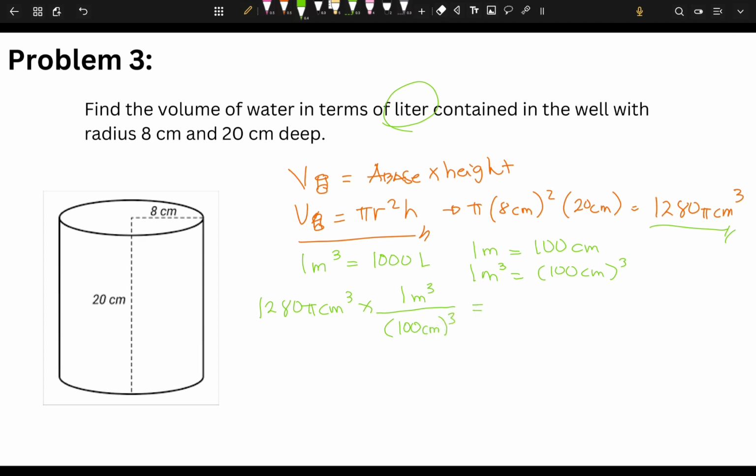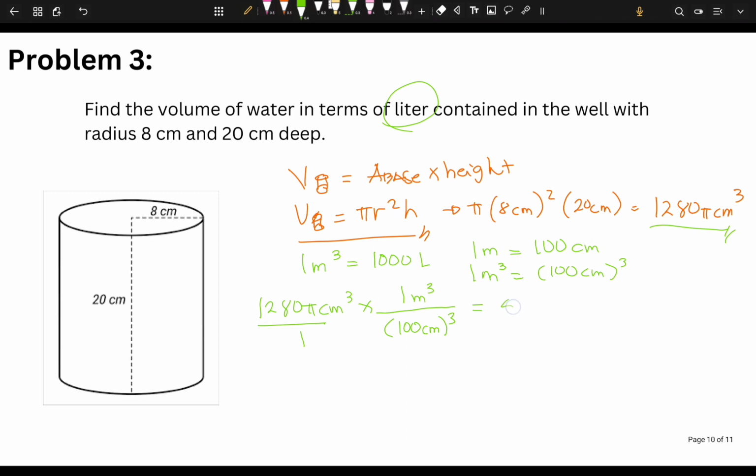So, let's get our calculator. Let's try that first. So, that is 1,280 pi times 1 all over 100 raised to 3. So, what value did we get?